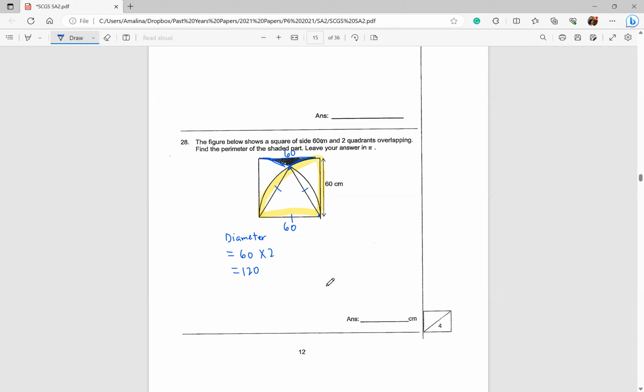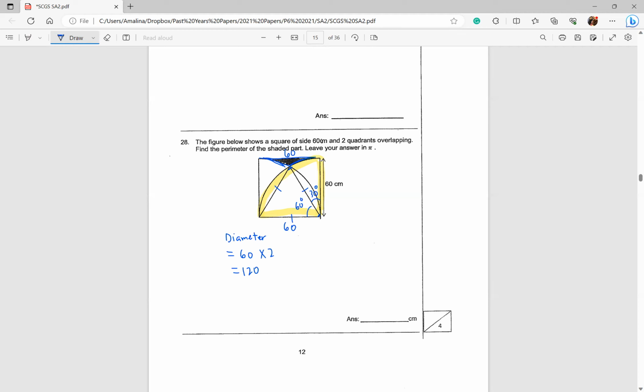Now, this triangle, since all three sides are equal, means it's an equilateral triangle, which means that this angle here is 60 degrees. Okay, this is your 90-degree angle because it's a square, which means that this part here is 30 degrees.